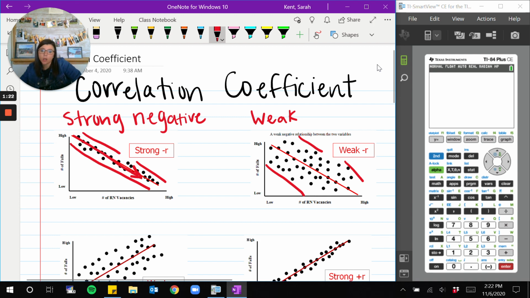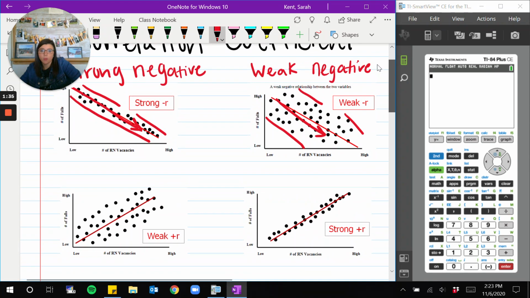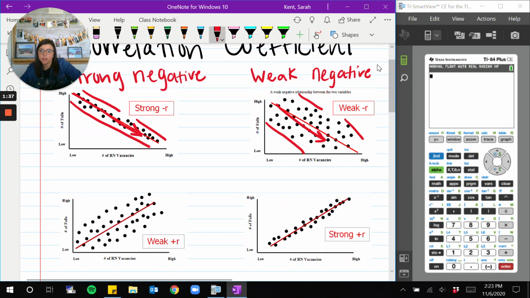But most are going down, so it would also be negative. If we look at some more pictures, here's another picture where they're far apart. So this would be another weak correlation.